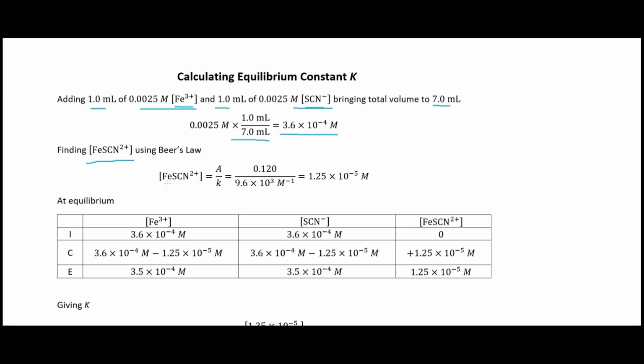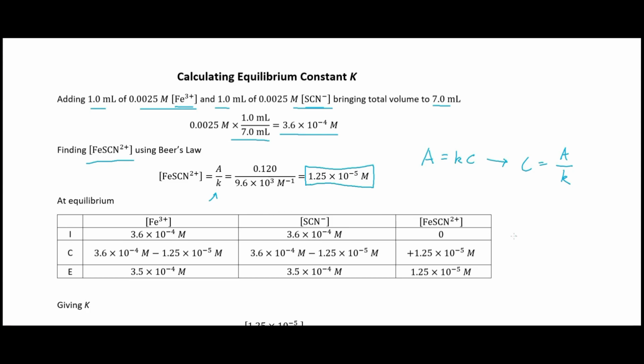So remember, that's A equals Kc. So our Beer's law is our absorbance equals our K times C. And so that will give us a C equals A over K. And so using that right here, we can calculate the concentration that we will get of our product right there.